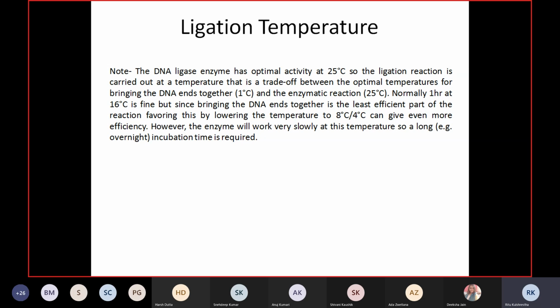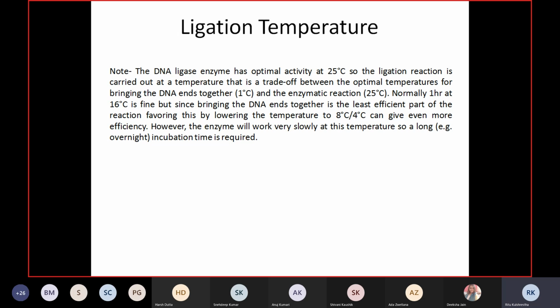So in those cases, you will see that all these kits or the protocols that are developed, they generally recommend that you set up a ligation reaction in a very, very small volume. Why do you want a small volume when you are setting up a ligation reaction? Because you want all the DNA molecules to be as close as possible.